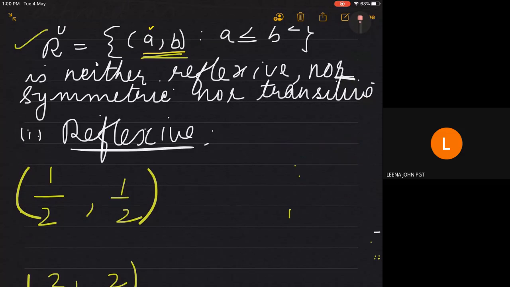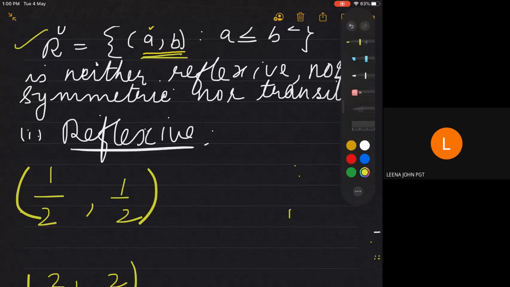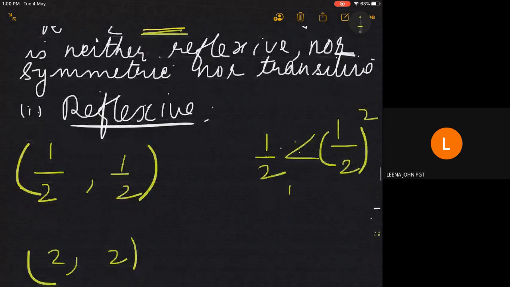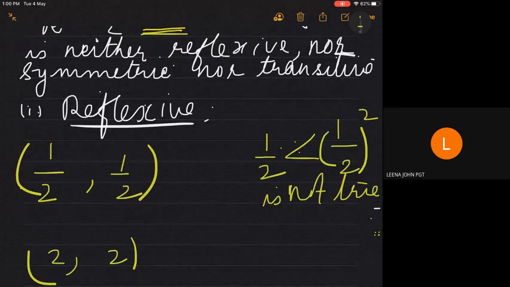For that, I'm checking whether 1/2 is less than or equal to (1/2) square. Is it true or not? It is not true. That means this is not an element of the relation.